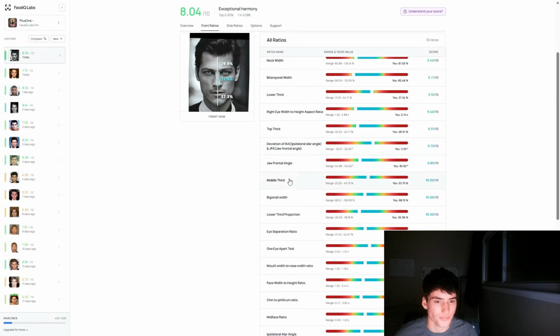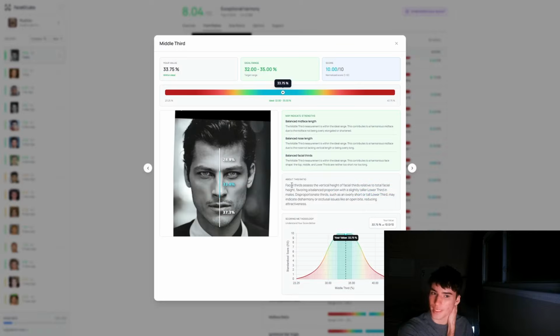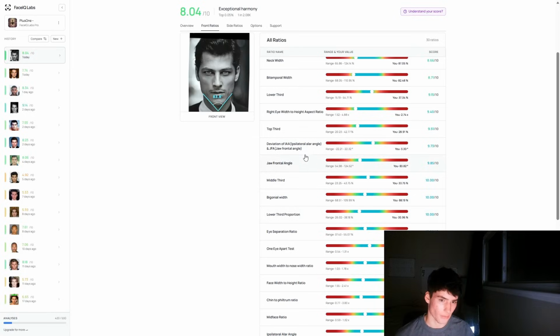All right, let's see. Yeah, so middle third, 10 out of 10, right? He's in the 32 to 35% for middle thirds. That range is going to be most optimal. It's also, yes, most optimal there.